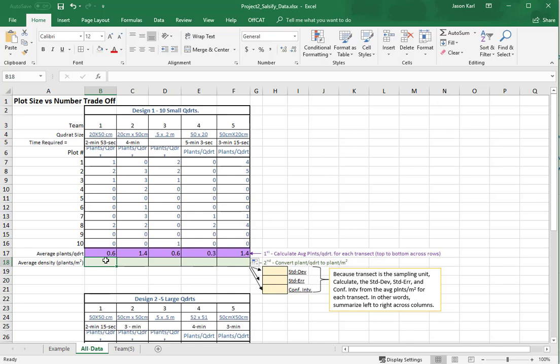So we need to know what the area of each quadrat was, and our quadrats were 20 by 50 centimeters, and again, we want this in meters, right? So that's 0.5 times 0.2 meters. So it's this formula right here.